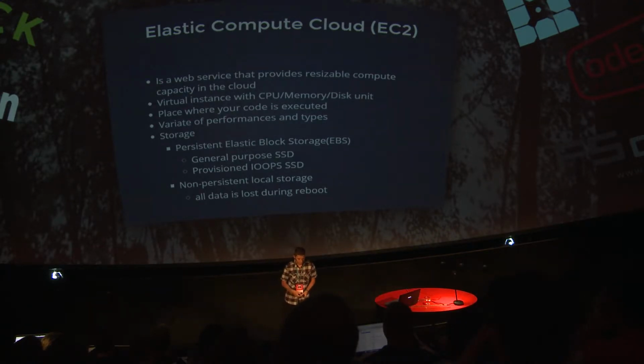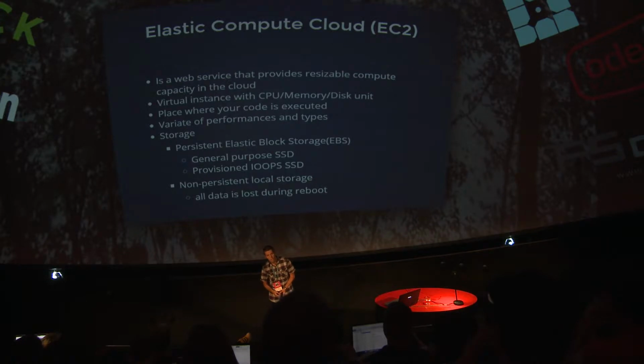An instance can have two kinds of storage, persistent storage and also non-persistent storage. Persistent storage utilizes Elastic Block Storage, which is actually a network disk with an abstraction that you mount and boot your system from.